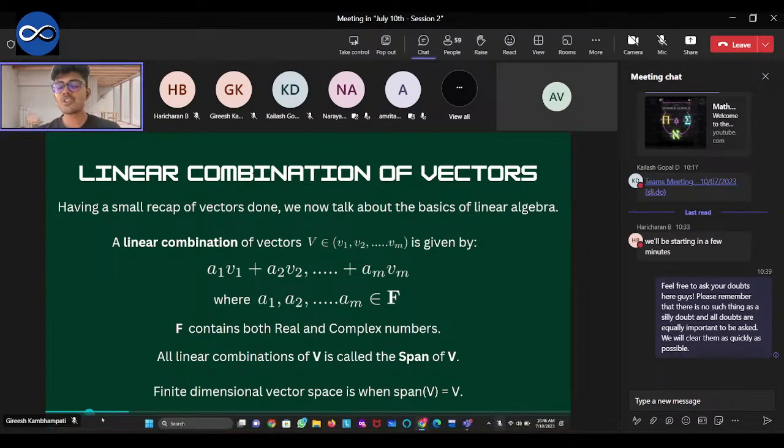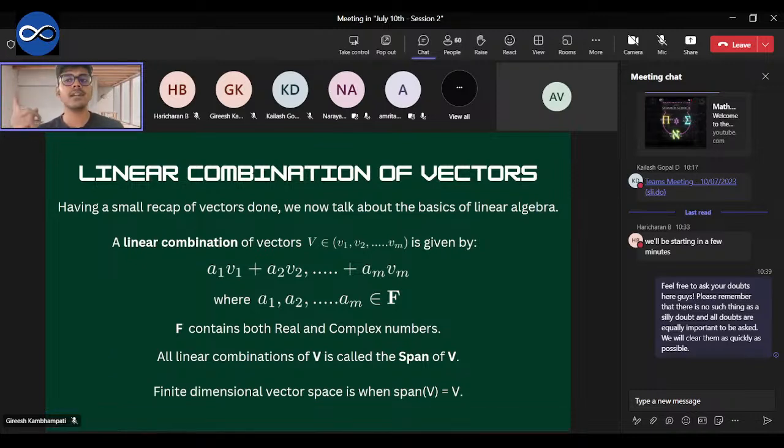Now, if you want to talk about span, the span is all the linear combinations of vectors v. We can take a number of combinations with different constants a1, a2, a3, and so on, and that will give us the span of vector v. We will discuss more on span. If you have any doubts, you can put them on the chat or the YouTube chat, and we'll be addressing that as well.